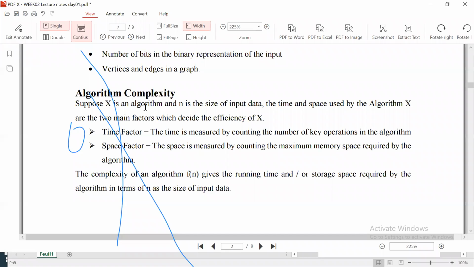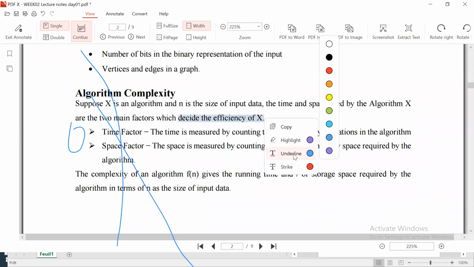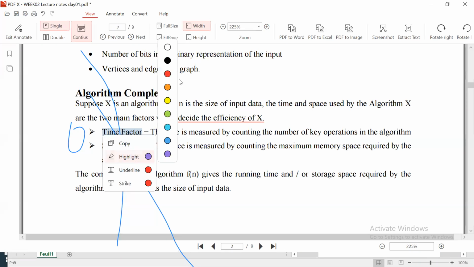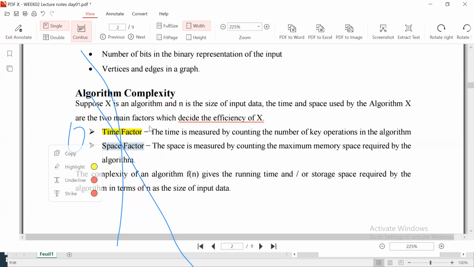Algorithm complexity is about two factors that you use in order to determine the efficiency of an algorithm: the time factor and the space factor. When we talk about the time factor, we are looking at the number of operations, which is more of the processor time. And the space factor is more of the memory size of your algorithm.